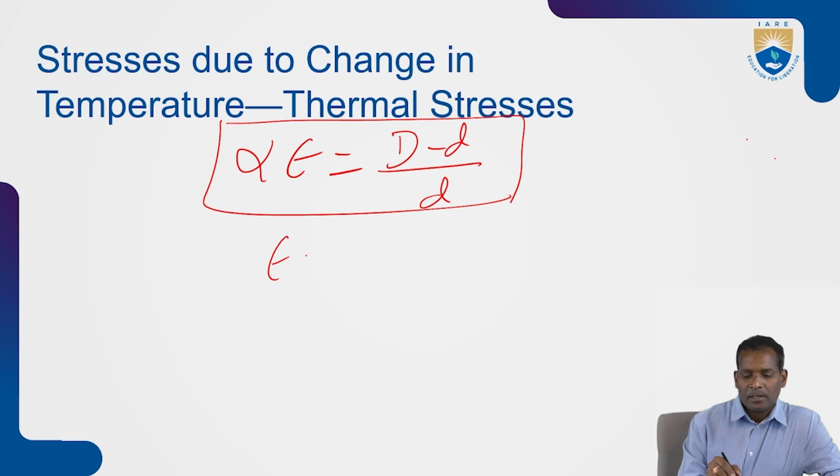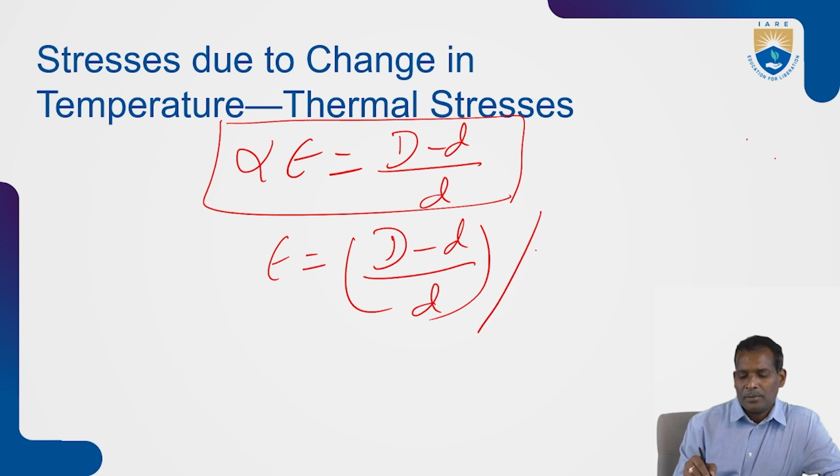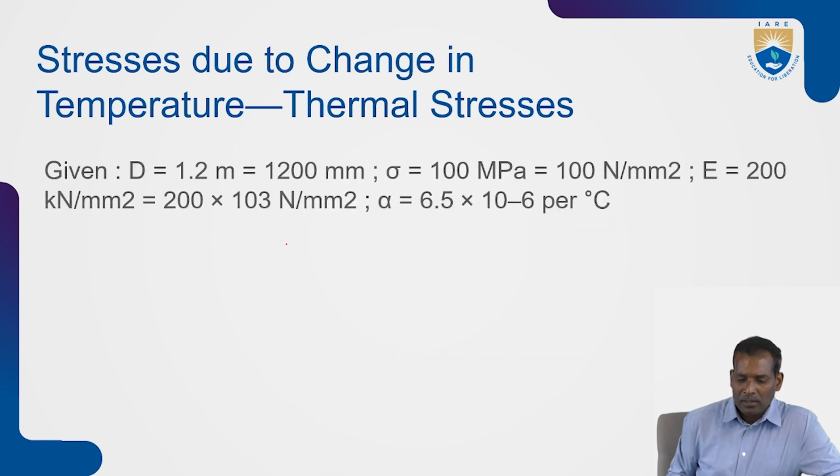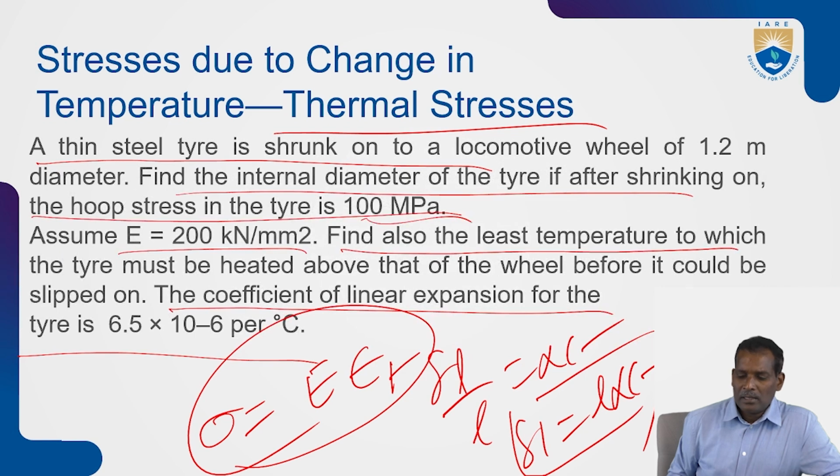Here, take outside temperature: t is equal to D minus d by d divided by alpha. So this is the least temperature to which the tire must be heated.